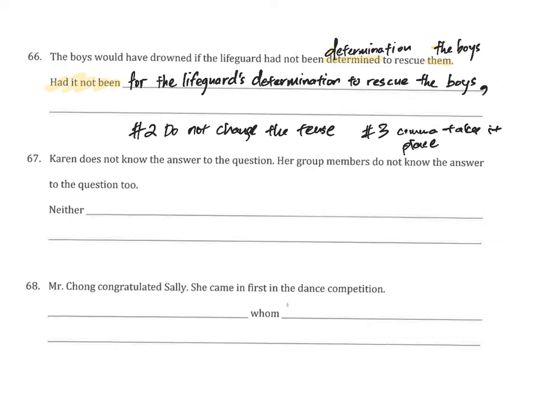I'm going to make this comma red so you can see it more clearly. Had it not been for the lifeguard's determination to rescue the boys, and again in this case I'm going to change the boys to they. All right, they would have drowned. So had it not been for the lifeguard's determination to rescue the boys, they would have drowned.